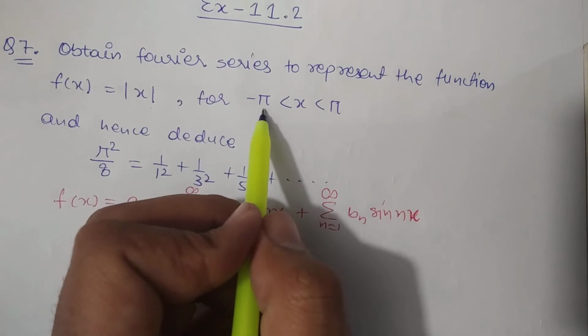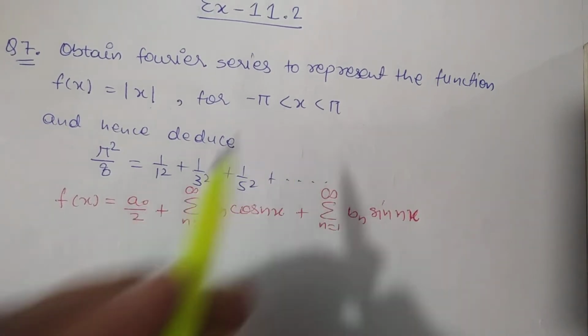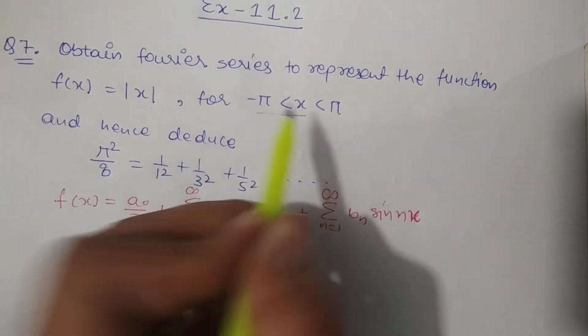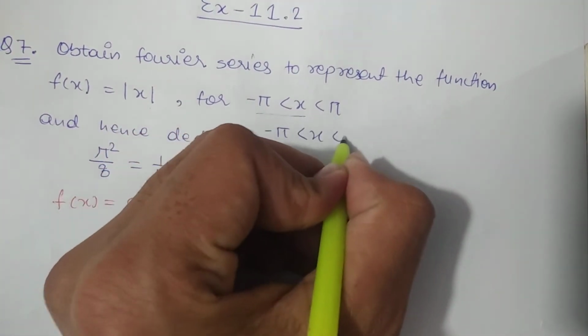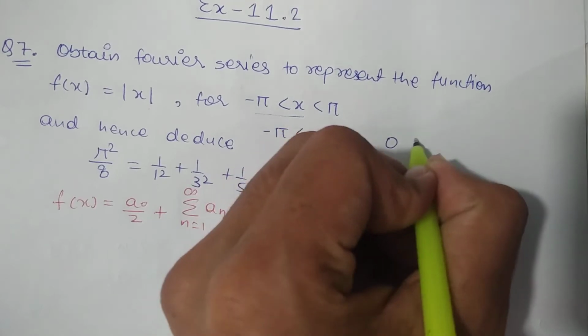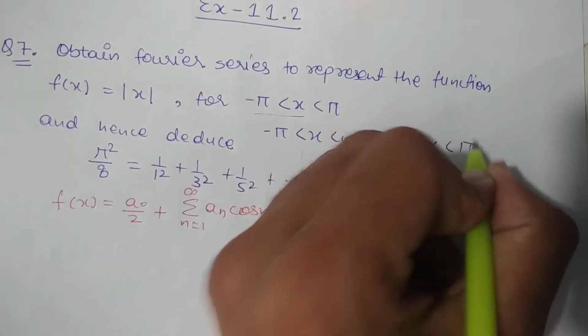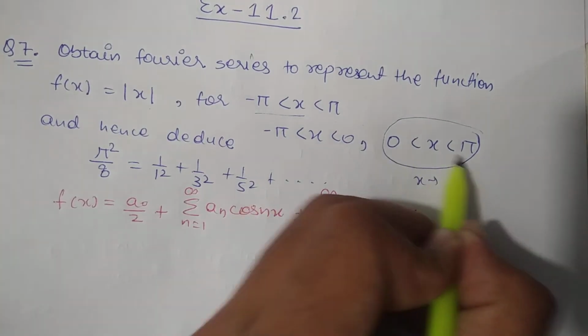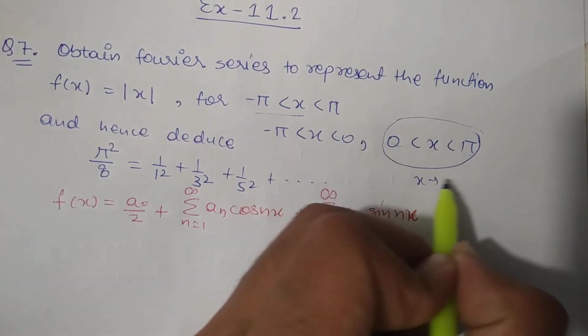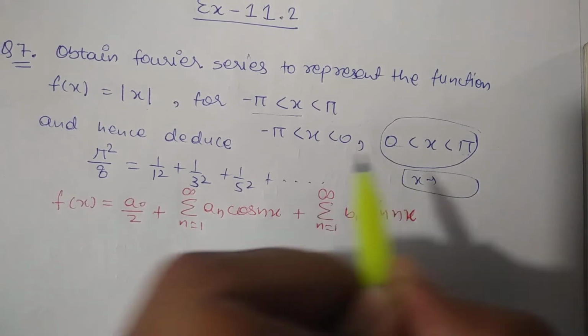But here the limits are from minus pi to pi. So students, we can divide these limits of x into minus pi to 0, and the second limit from 0 to pi. In this region, if I put x equal to any value in between, the function will be positive only.